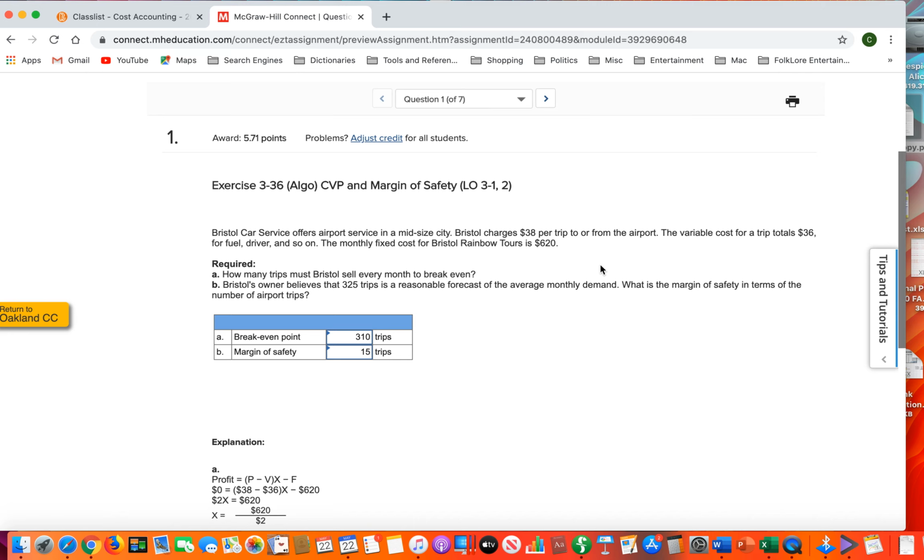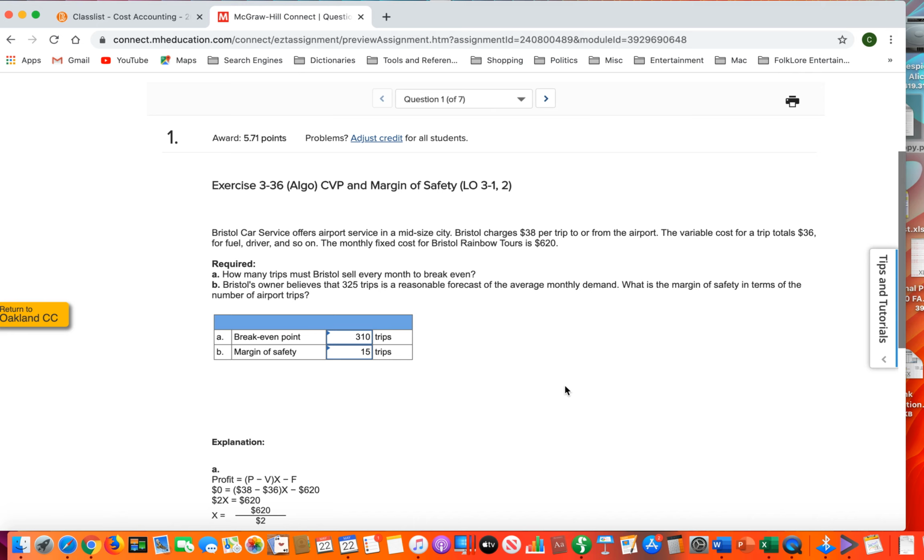Remember this, and again, on the PowerPoint slide, they did show you 2 ways. This is the mathematical algebraic way. The way I think is far simpler and straightforward is simply this. Price minus variable cost is contribution margin.